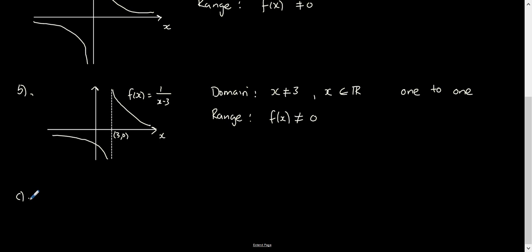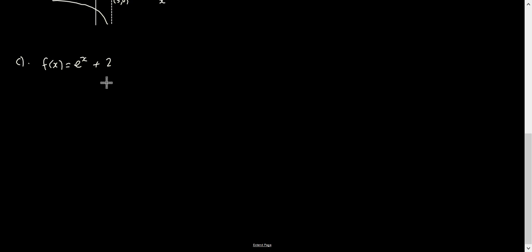So for part C, we have the function f of x equals e to the x plus 2. Again, let's just draw a sketch and have a look at what this is looking like. So we've got our x, we've got our y, and e to the x plus 2.